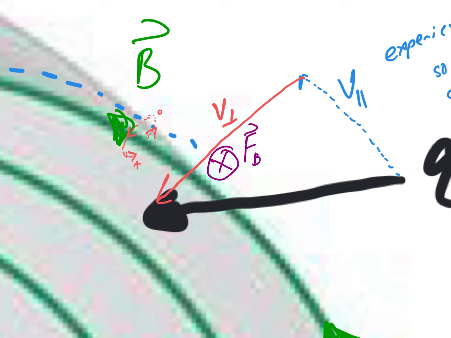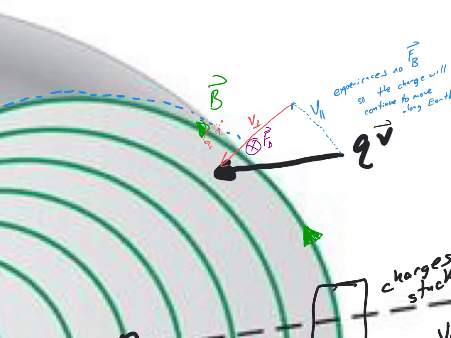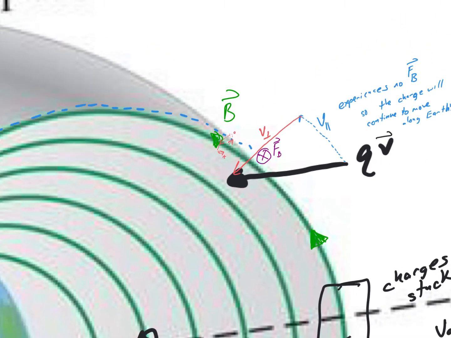When I combine the circular motion for the red component and the linear motion for the blue, I get that the charged particle is going to come in and it's going to go under and around and around.